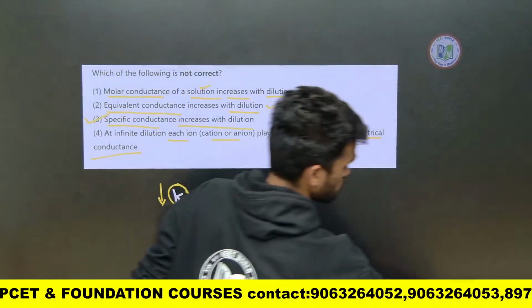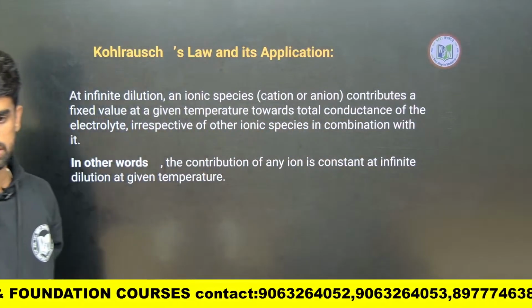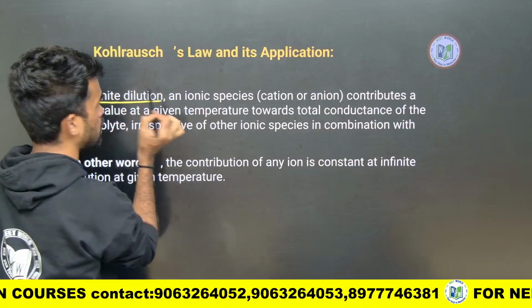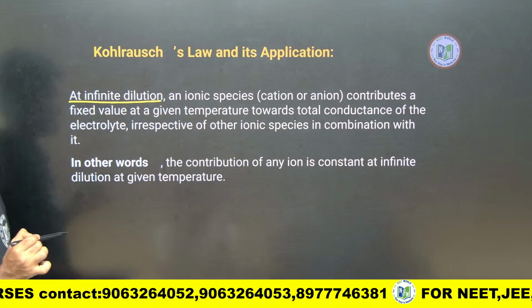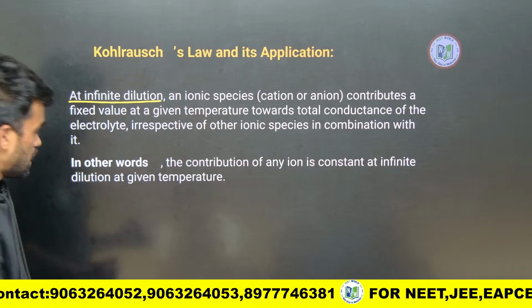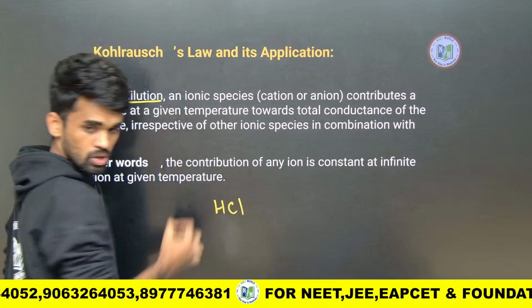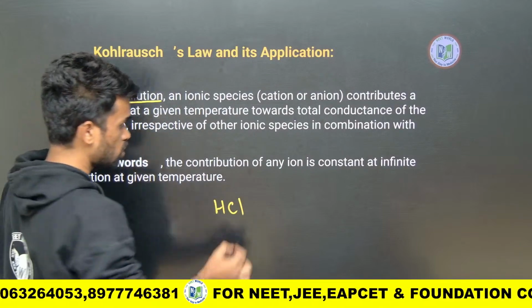Now we need to understand what exactly Kohlrausch's law says. At infinite dilution, for example, here I am using HCl. It is a strong electrolyte. Whenever I take this electrolyte in an aqueous medium, it releases H plus and Cl minus ions.